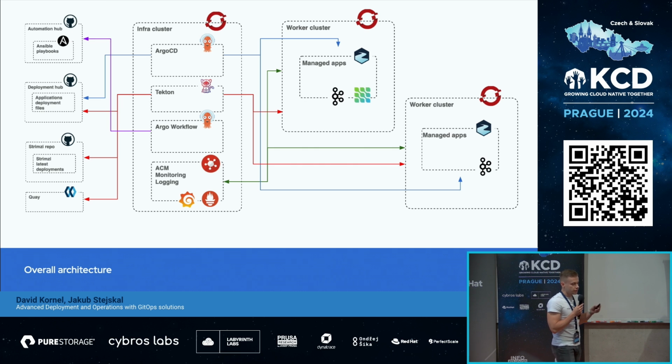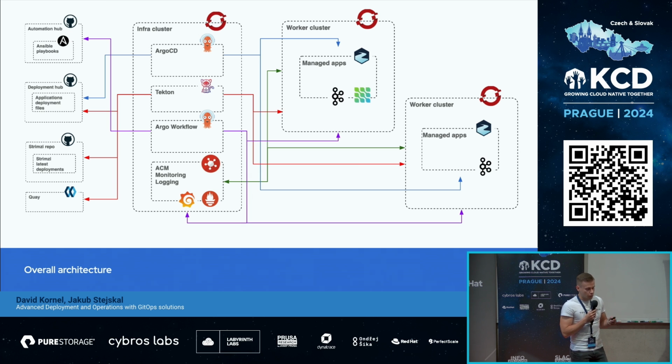So we don't need the first laptop for running the whole automation, but Argo Workflows will take care of upgrading the infrastructure, infra-cluster applications, and operators for ArgoCD, Tekton, and so on.